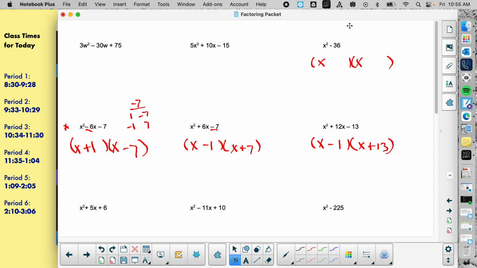So we're going to do the same method, but when there's no middle term, it's 0 of them. So we're trying to figure out what two numbers multiply to negative 36, but then add to 0. The only way you can add to 0 is if they're the same number, but different. So what multiplies to 36 but the same number?